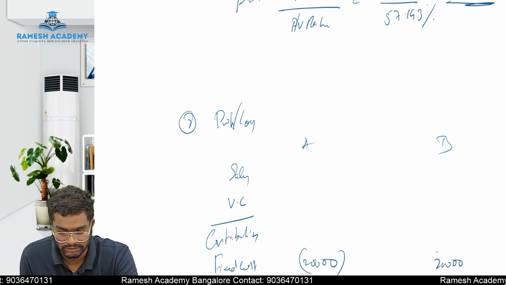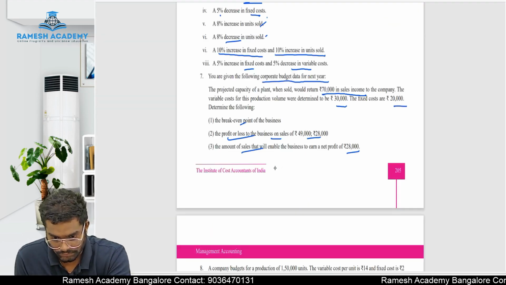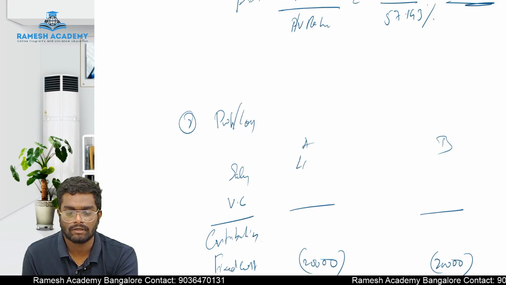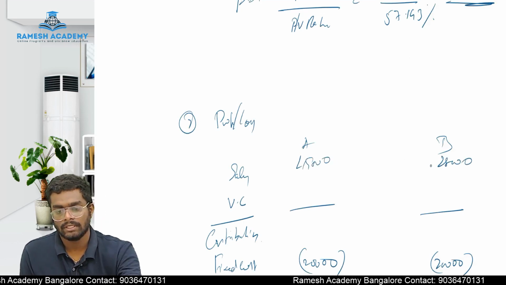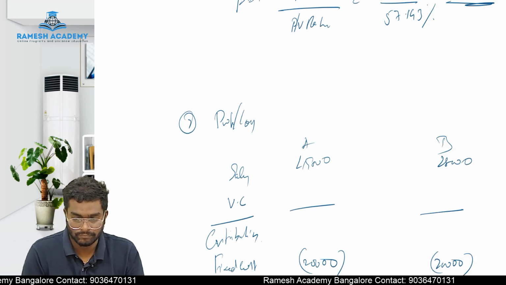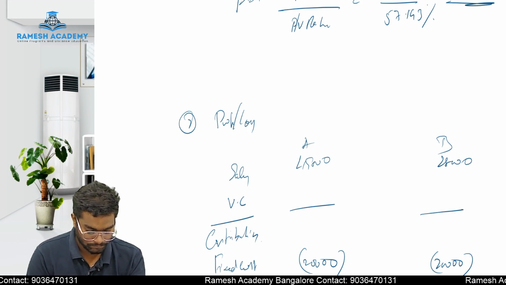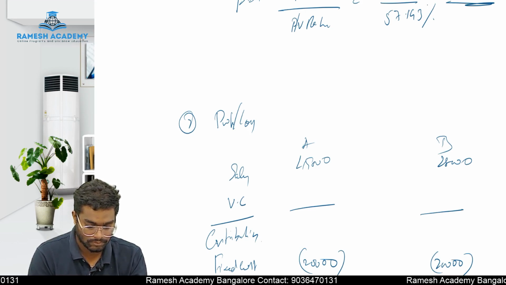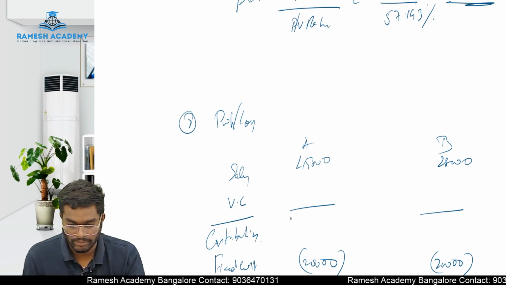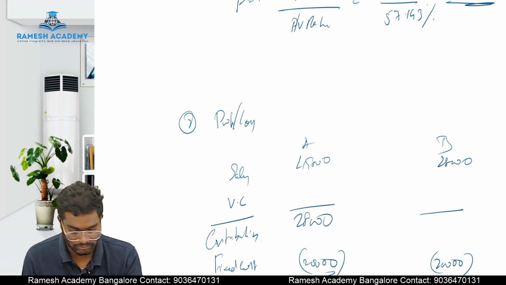No one can change that. So my sales is 49,000, and my PV ratio is 57.143. So 49,000 into 57.143, I'll round up to 28,000 here. So minus 20, it is 8,000.